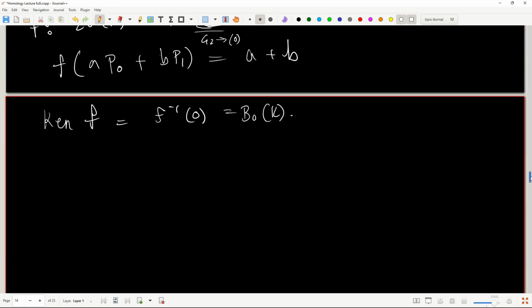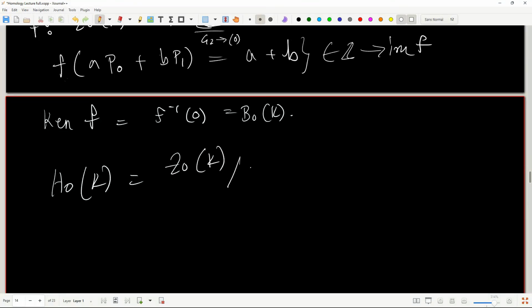So once you do that, you define this homomorphism, and we can easily see that this a plus b, which also belongs to z, is just the image of f. So we have h0 of k is z0 of k by b0 of k as the image of f.